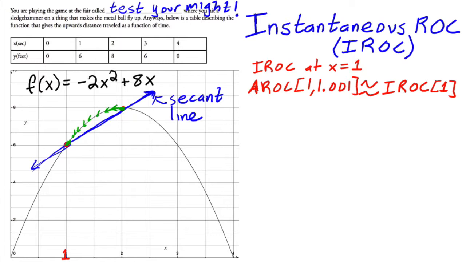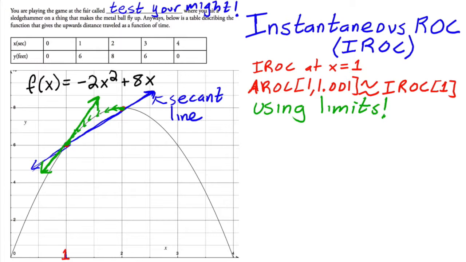Well, what's the only way of describing that? The only way we have of describing something that gets closer and closer without actually touching is using limits.